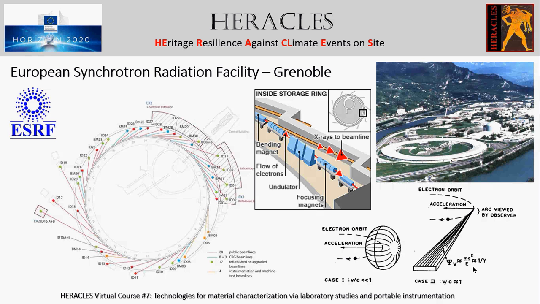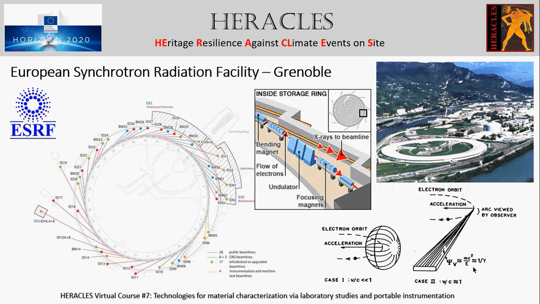Another way to produce X-rays is using synchrotrons. In this case, the electrons are accelerated first by a linear accelerator and then by a cyclotron, being injected into what we call storage rings.